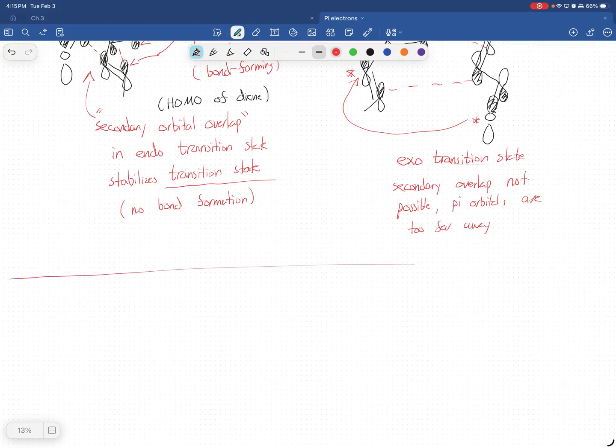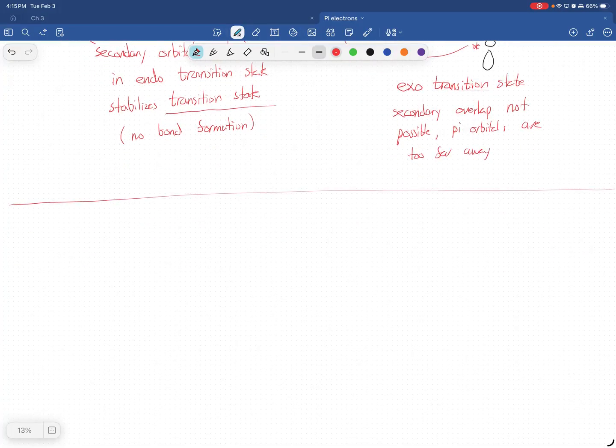Okay, so the last thing I'll talk about for this chapter is intramolecular cycloaddition reactions. So the last class of reactions here that we'll cover on this topic.